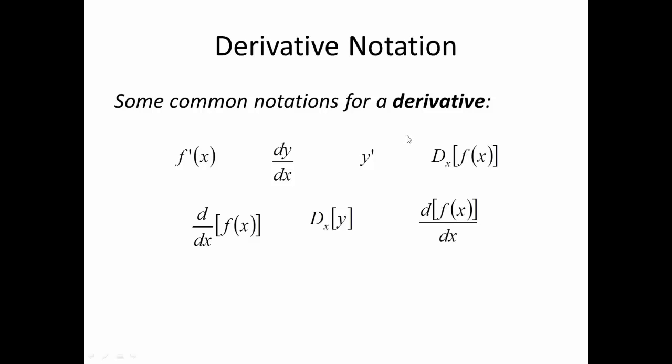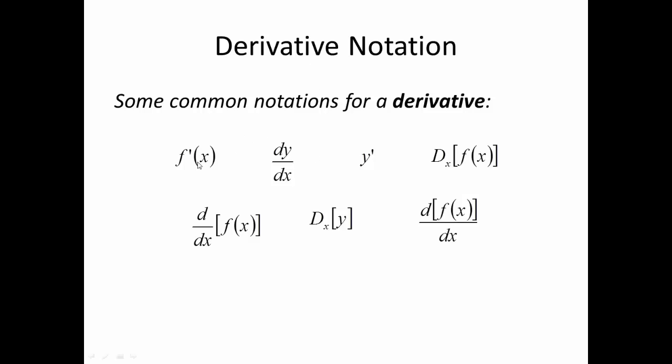Okay, derivatives. There are a bunch of ways to write a derivative, and that's because it's been developed in different places all over the world. Leibniz and Newton were given credit for developing calculus, and they developed it at the same time, so we've got a lot of symbols.